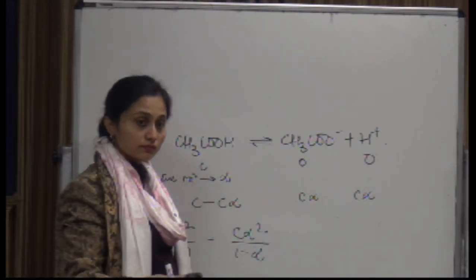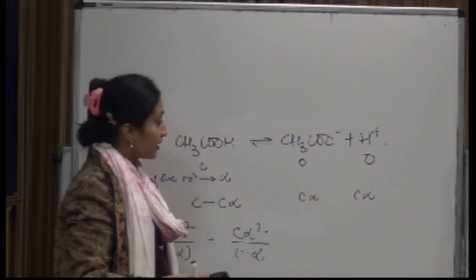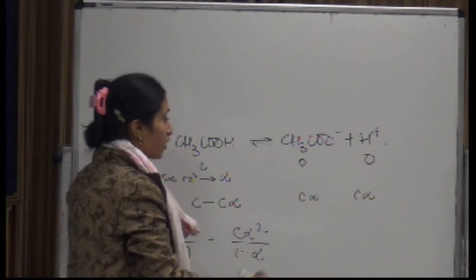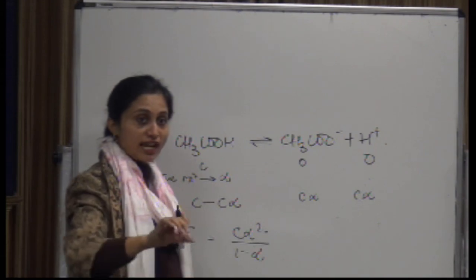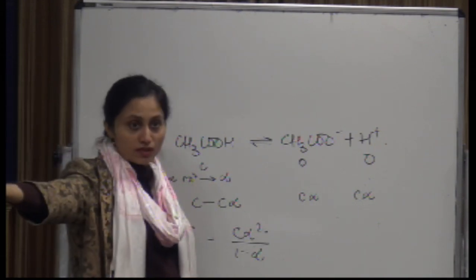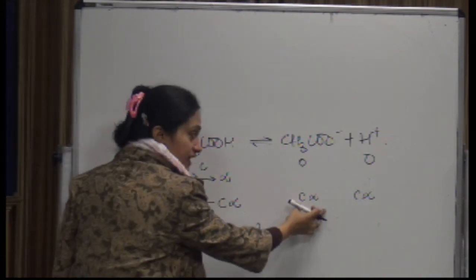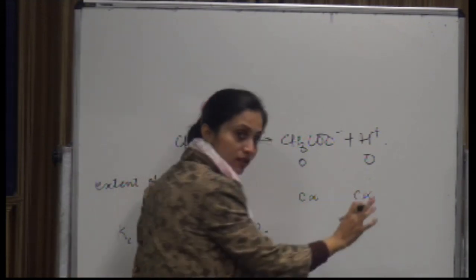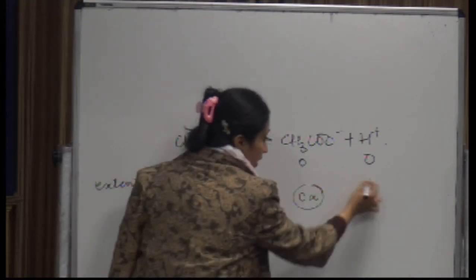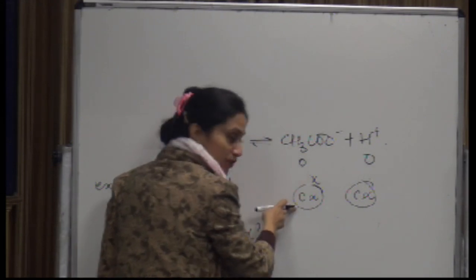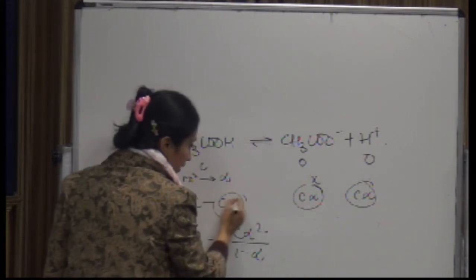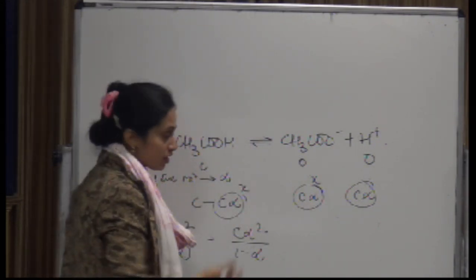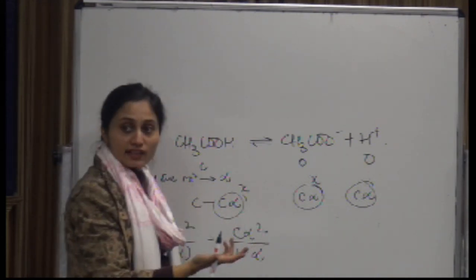In that earlier case, we had chosen C minus X, not considering the concentration, but I stated that if X moles are getting formed. So in this case, what is getting formed? C alpha moles and C alpha moles. And if this is the concentration which is getting formed, then what is getting reduced from here? C minus X. So all these things are interrelated only.